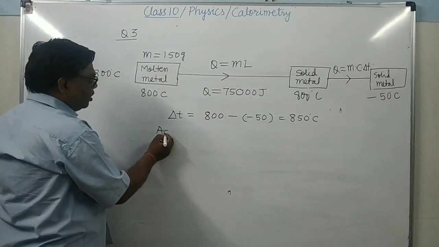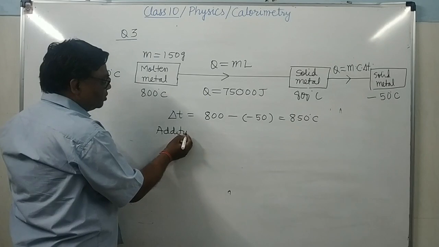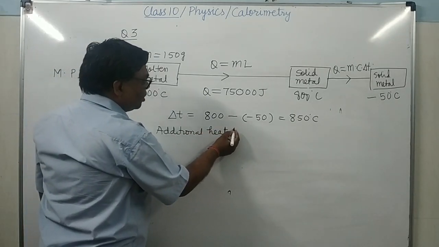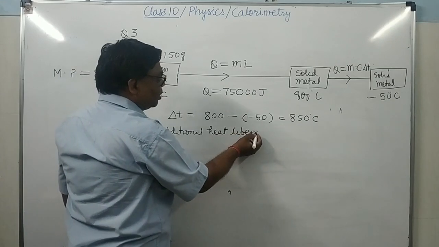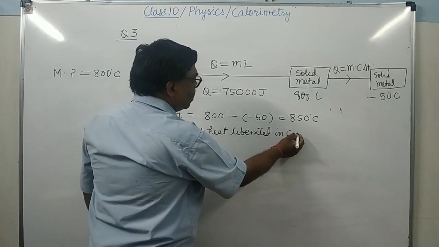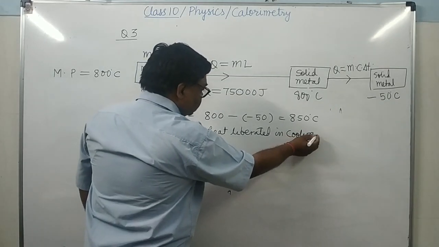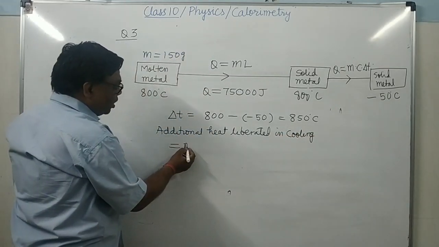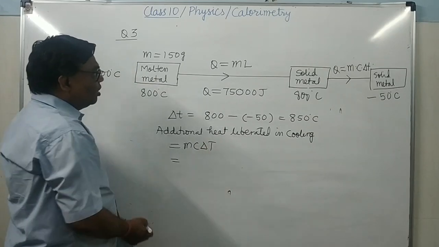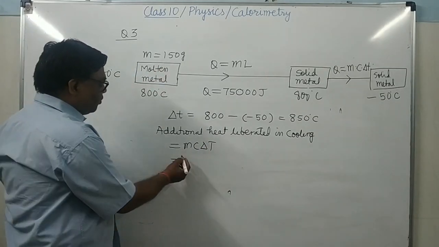So additional heat liberated in cooling equals M into C into delta T. M is given, 150.